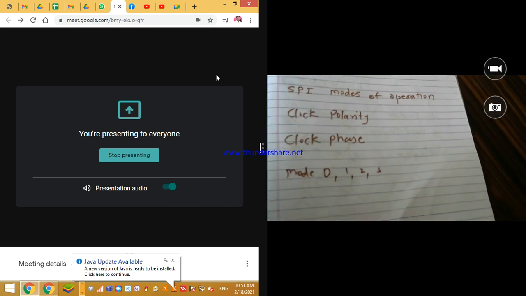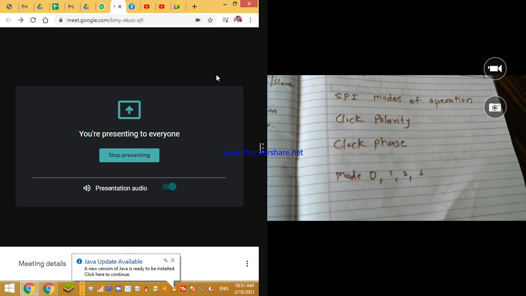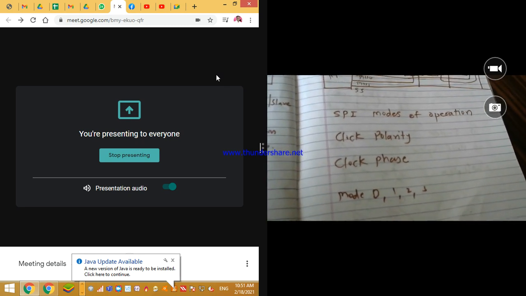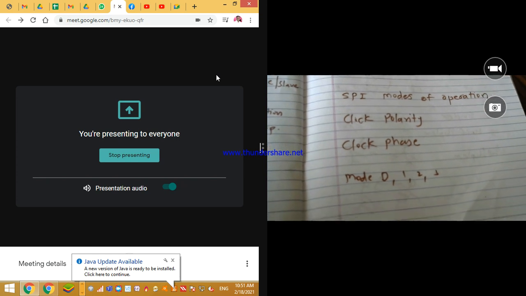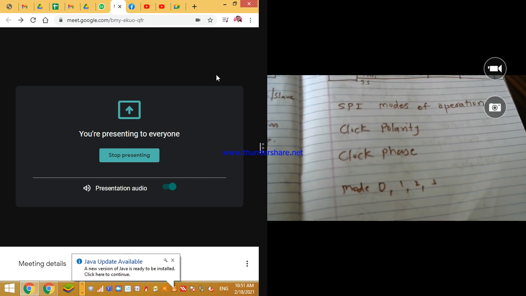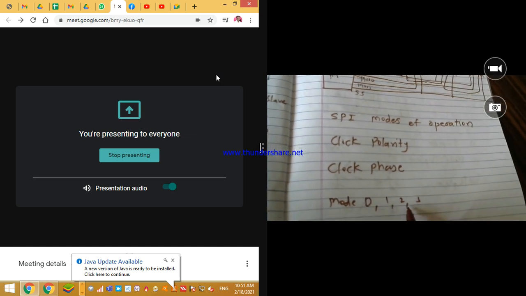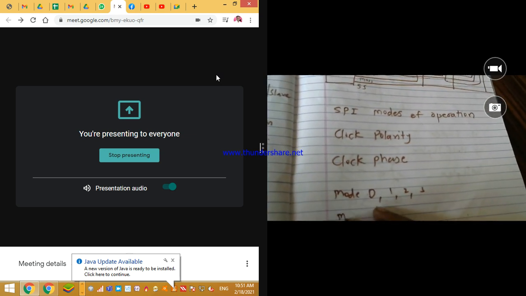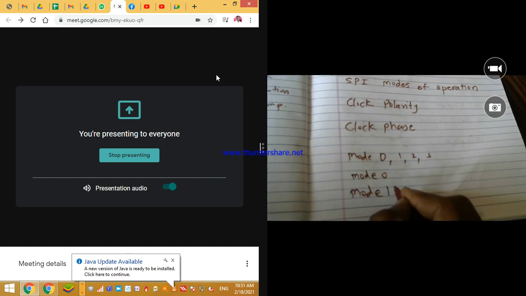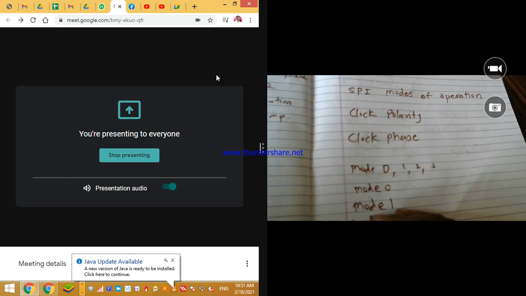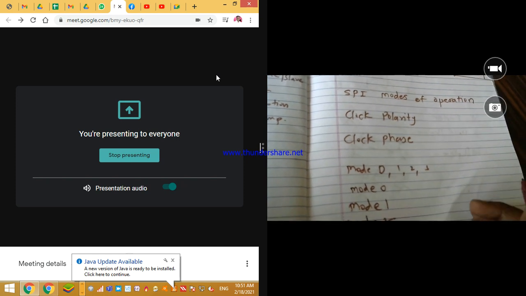SPI modes of operation. There are 4 modes of SPI operation. Which means the data transmission through SPI is done with 4 modes. That is mode 0, mode 1, mode 2 and mode 3.